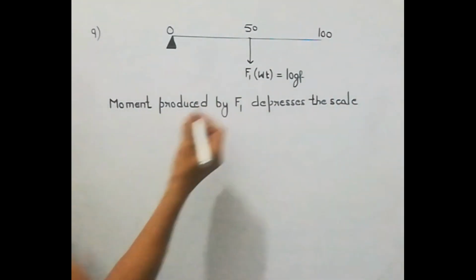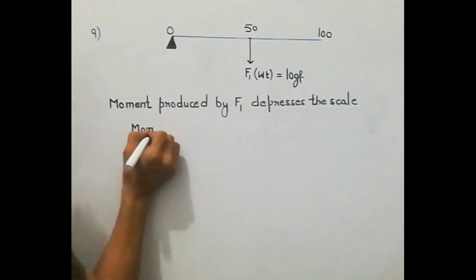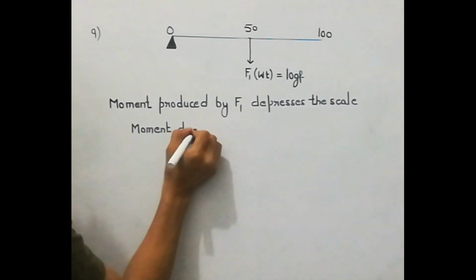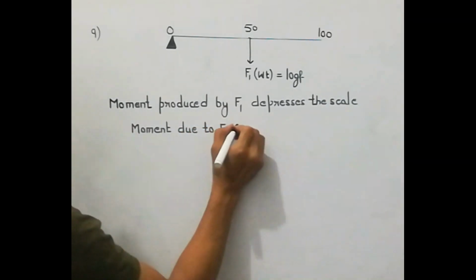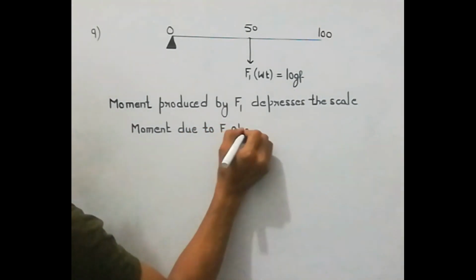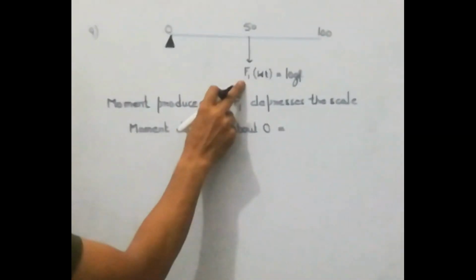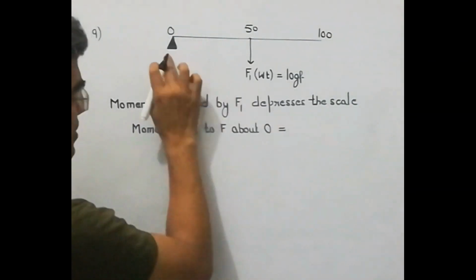So let's calculate it. F1 producing moment about O, that is the 0 mark.